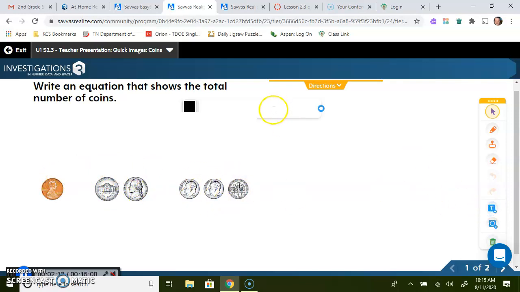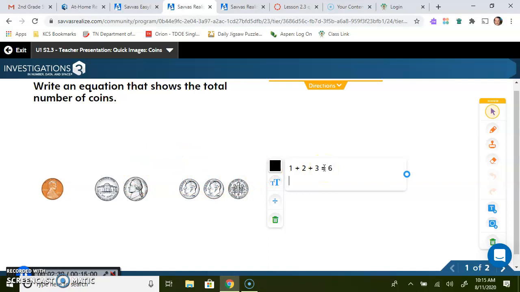So let's talk about the total number of coins. How could we write an equation that shows us the total? Okay, good. I'm picturing that a lot of you are going to say 1 penny plus 2 nickels plus 3 dimes equals how much? Well, 1, 2, 3, 4, 5, absolutely, 6.